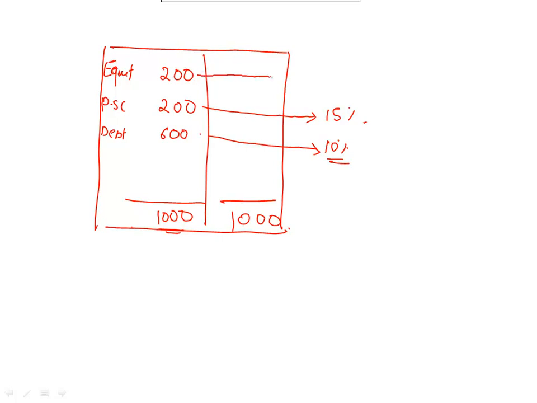Do we have any cost on equity? What is the rate of dividend which is compulsory that is to be paid to shareholders? There is no such rate. That means cost of equity is nil.